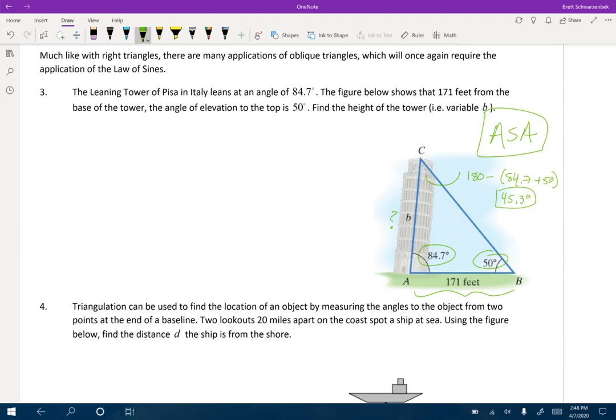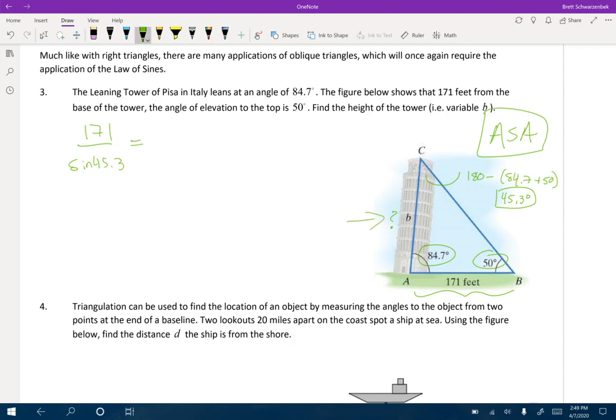Now, that is not the angle that the problem asked for, but we need it in order to solve the problem. So what are we doing? Well, we now have a ratio of C over sine C, which is essentially 171 over the sine of 45.3. So we need to now set that equal to a ratio including B, because that's what we're trying to find.